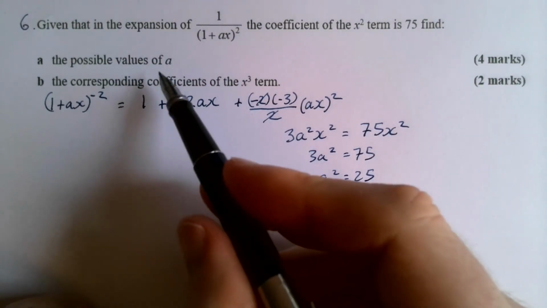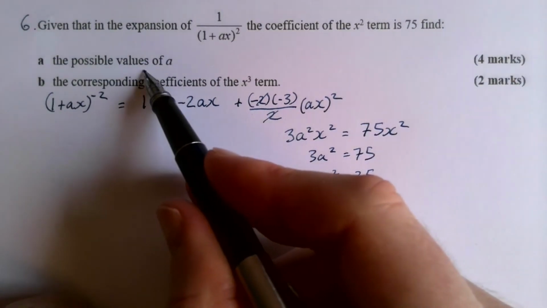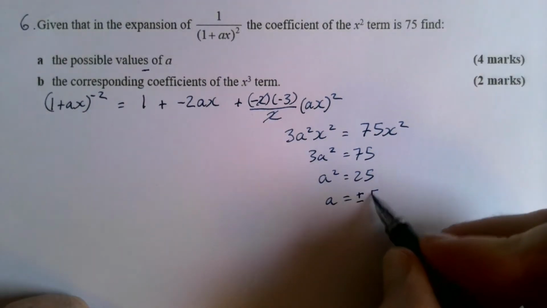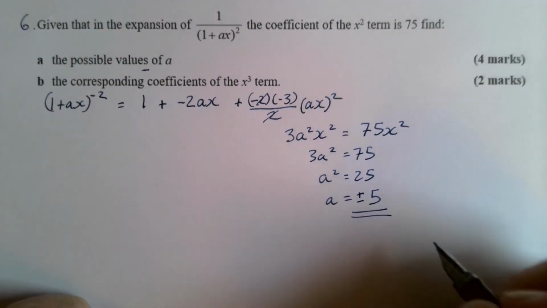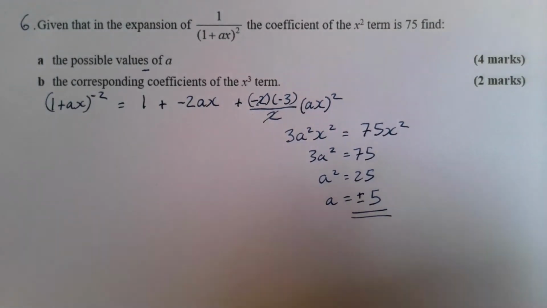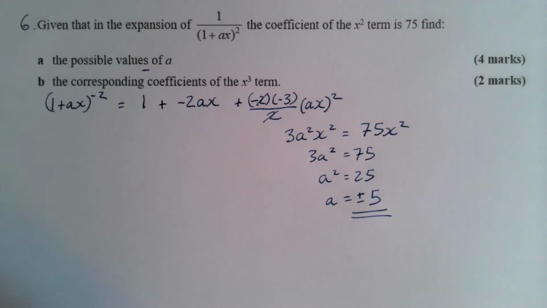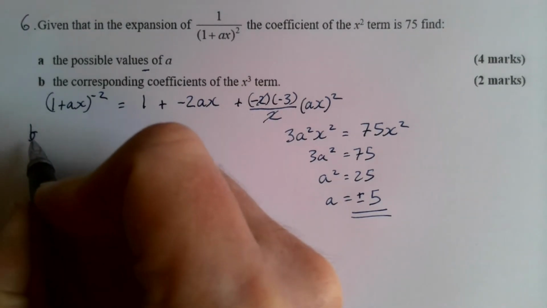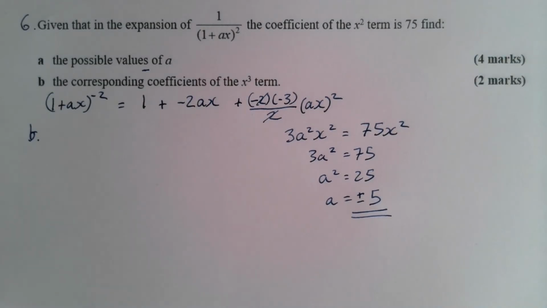But remember the possible values of a, because it could be -5 as well. So that's the big part of the question sorted out in terms of marks. For part B, all you need to do is just continue that on to the next bit.